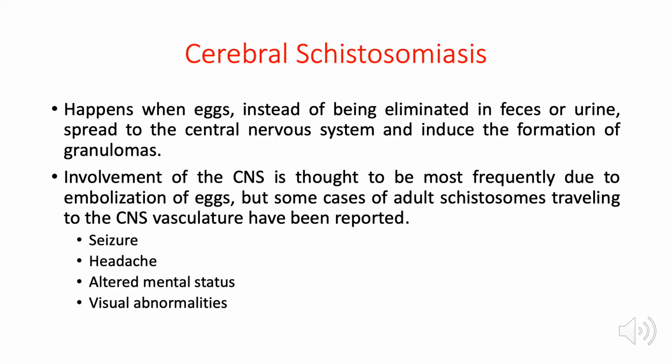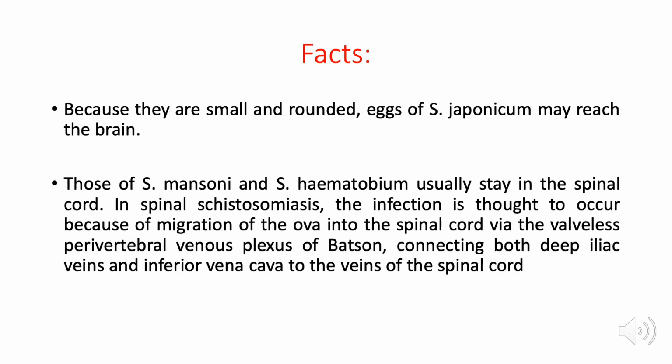Because they are spherical in shape, so it would be easy for them to squeeze through the lumen of the blood vessels. Again, because the ova of Schistosoma japonicum are rounded and smaller than those of Schistosoma haematobium and Schistosoma mansoni, they can reach the brain and cause cerebral schistosomiasis.